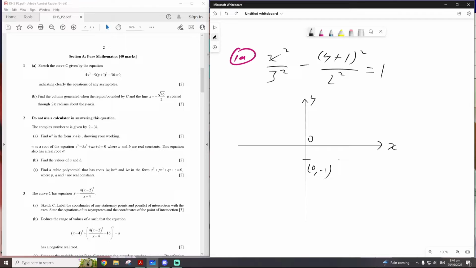So you will get an asymptote that looks something like this, and then extend to the other side. Same with this one.